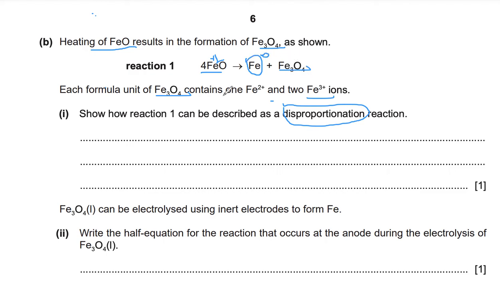But this one has both Fe plus 2 and Fe plus 3 ions, which means that the oxidation state from this to this is being decreased, and from Fe plus 2 to plus 3 it is being increased. So that means that it is being oxidized and reduced at the same time, and that's what the answer is.